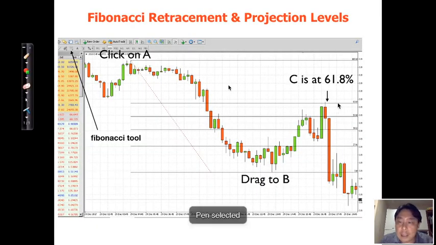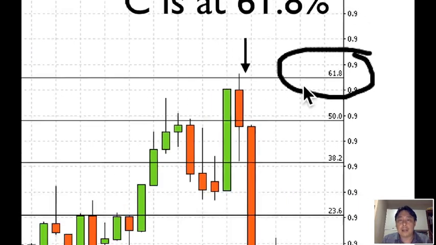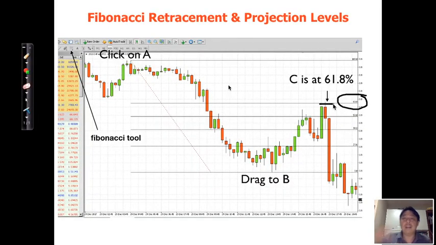And it happens that C is exactly at the 61.8% level. So this gives me confidence that this is a strong resistance. The correction has ended. I will sell there just before it collapses.